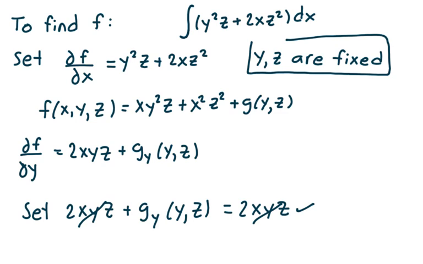You have to capture all those fixed values. And the way to capture that is this g of yz. That's my constant. So when I found f of x, y, z, you're not adding a constant like we're used to in Calc 1. We're adding a function of y and z, because y and z are my fixed variables.